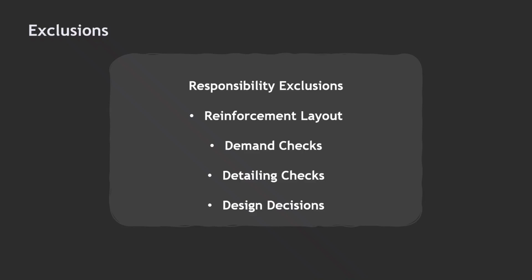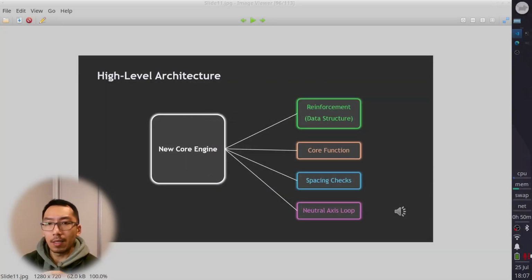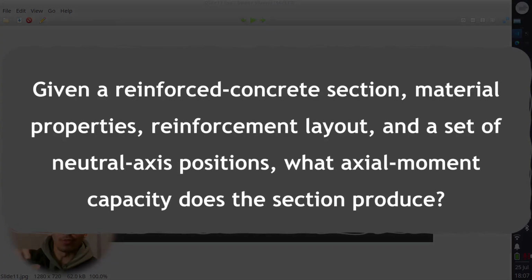So in extracting the core capability, we will just try to answer the simple question of, given a reinforced concrete section, material properties, reinforcement layout, and a neutral axis position, what axial and moment capacity does the section produce? So that is the core capability we're talking about.